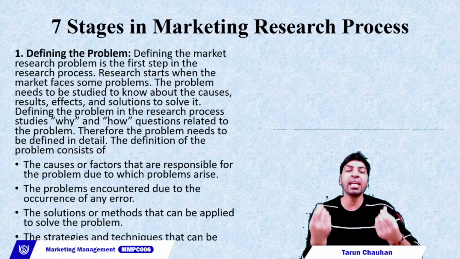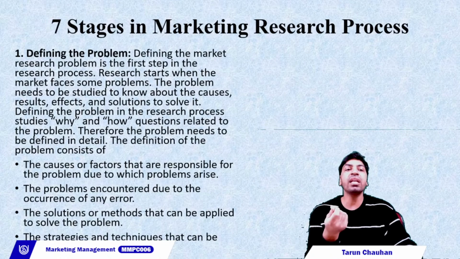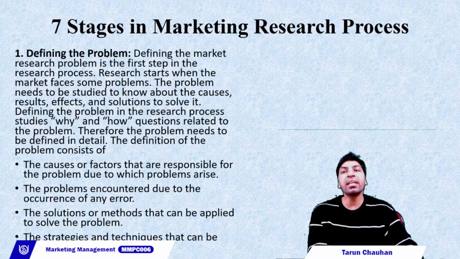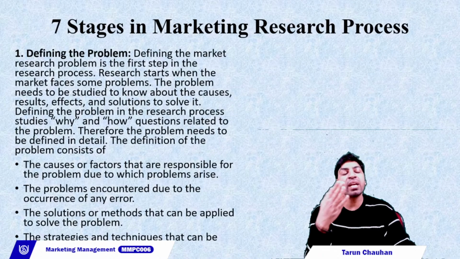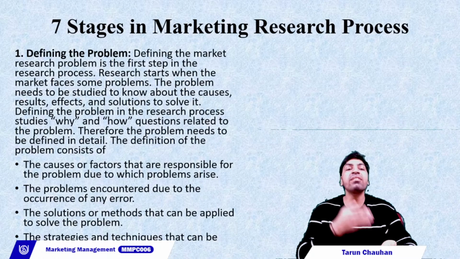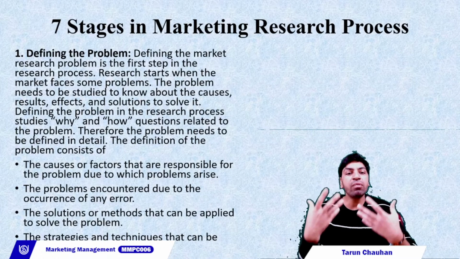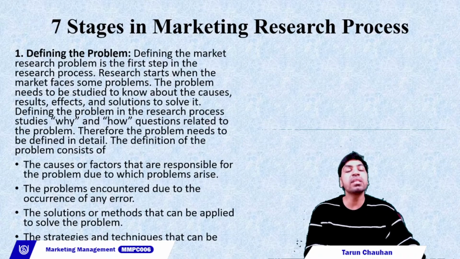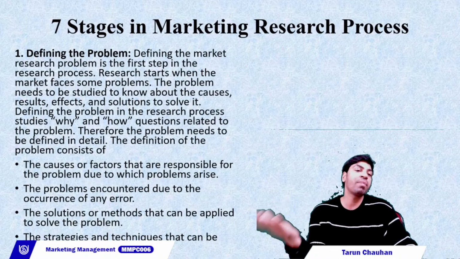Every research area and every particular term always denotes a problem, and you have to define that problem. Defining the marketing research problem is always the first step of the research process. Research starts when the market faces a problem. So an individual has to identify the problems, the issues, and the concerns first, and then the research begins.